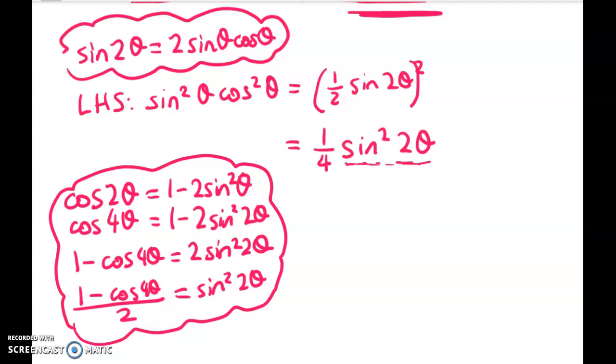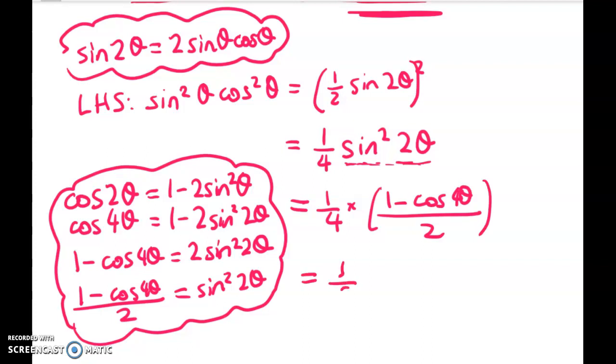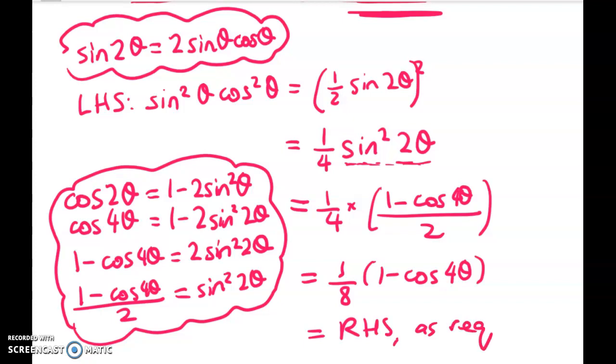That way I'm showing the person reading what I've done, but I'm not interrupting the flow, and I'm also not looking like I've done a huge jump. So here I've got 1/4 of 1 minus cos 4 theta over 2, which equals 1/8 of 1 minus cos 4 theta, which is what I had to show, equals the right hand side as required.